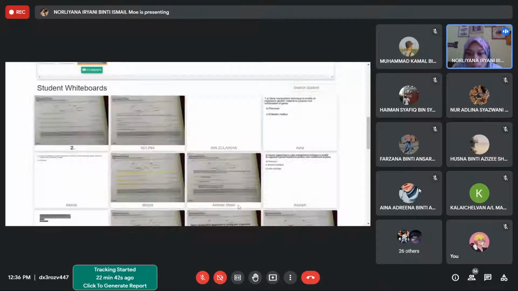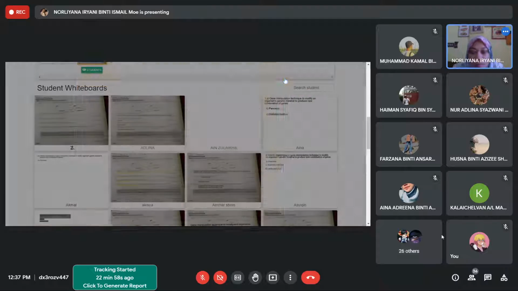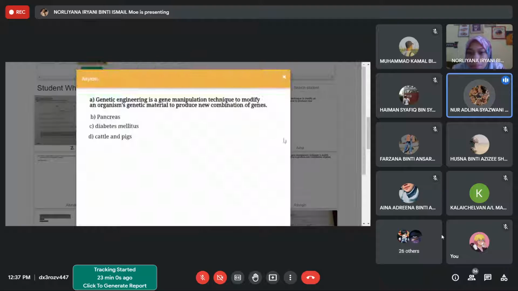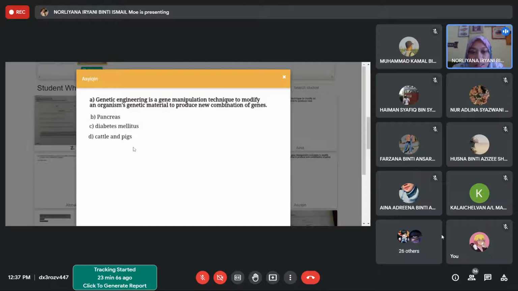Extracted from the pancreas of the cattle. Okay, it's fine. It's not necessary to write 2 words, but you can answer with just 2. Extracted from the pancreas of the cattle and pancreas of a pig. Oh, is it cattle and pig? Yes, correct. It's like the one Ashikin wrote here. Okay, cattle and pig.